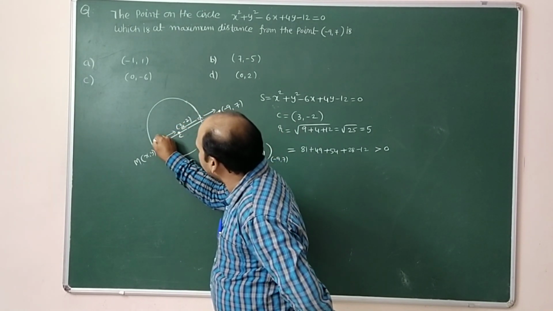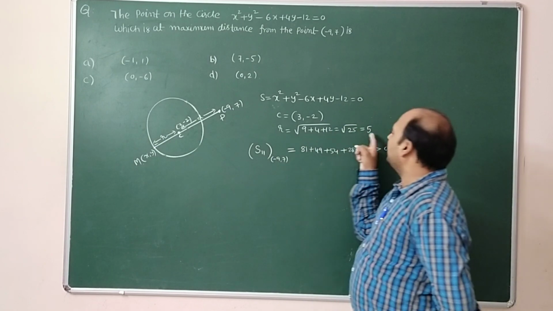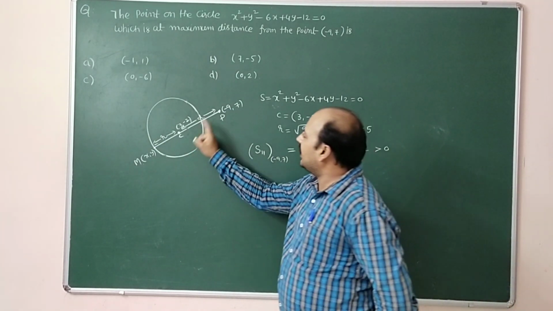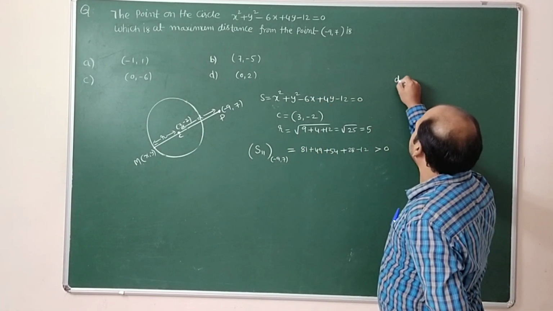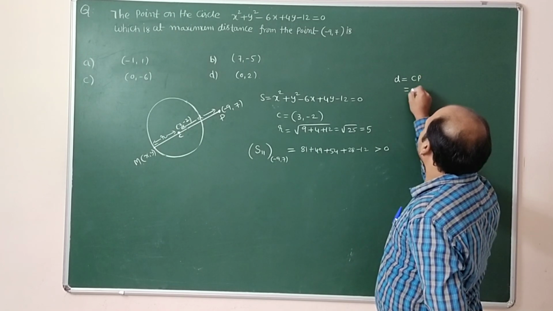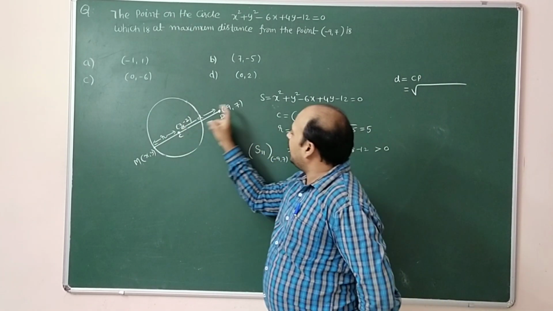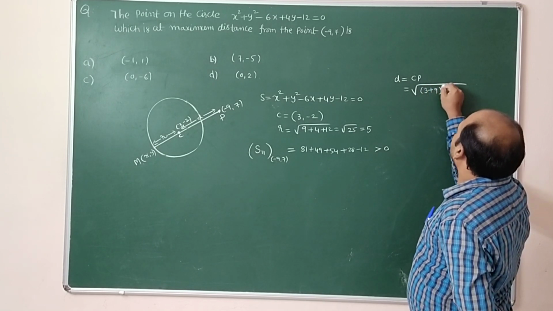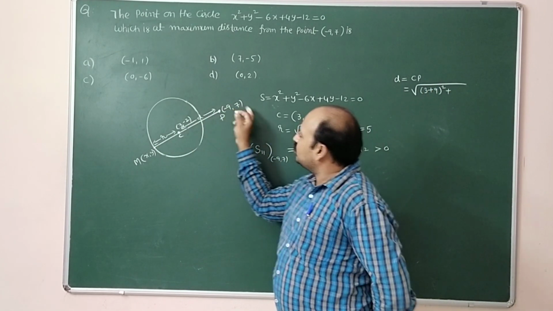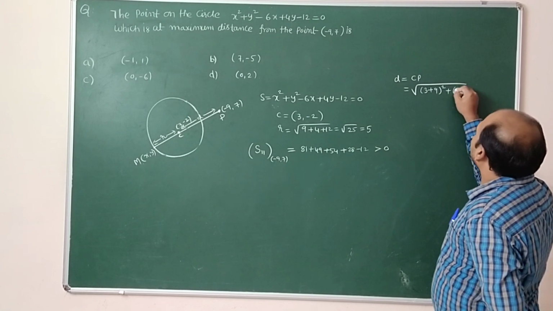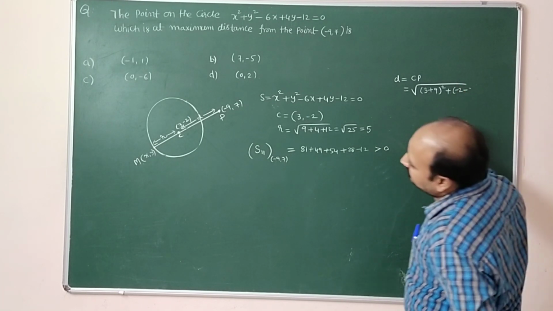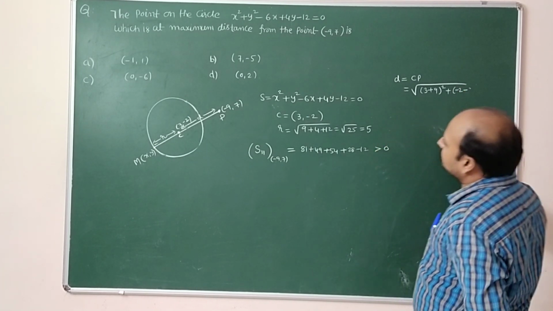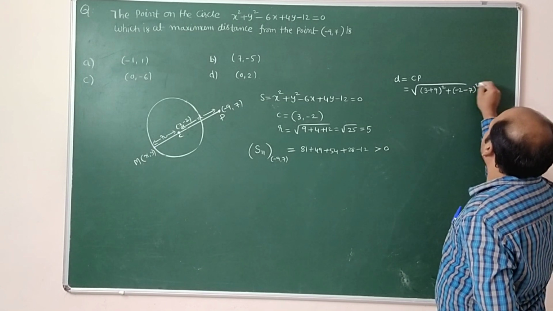From here to here it is radius. So radius value we got it. D value you can calculate. D is equal to distance between C and P. So root over 3 minus of minus 9, 3 plus 9 whole square, plus minus 2 minus 7 whole square, minus 2 minus 7 whole square.